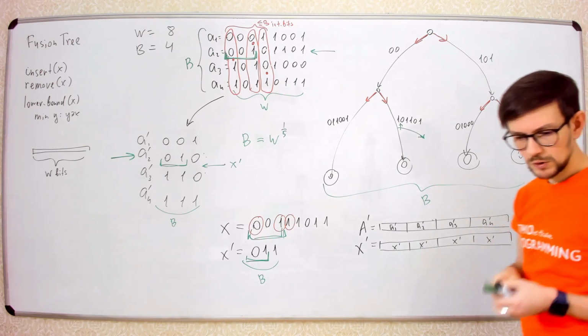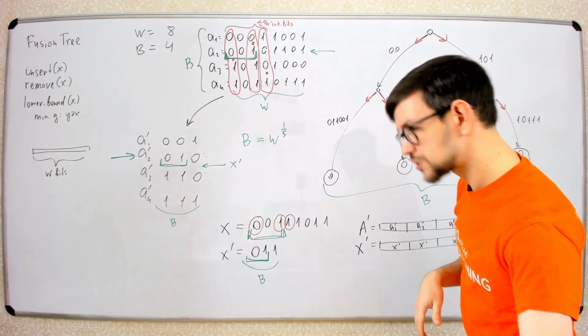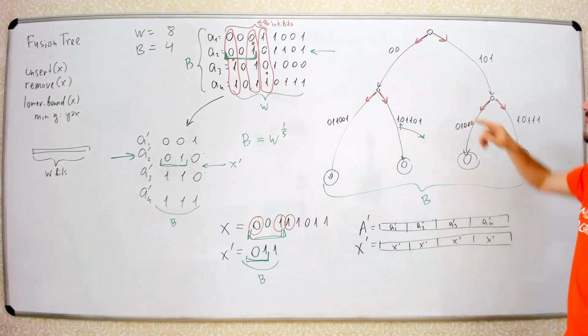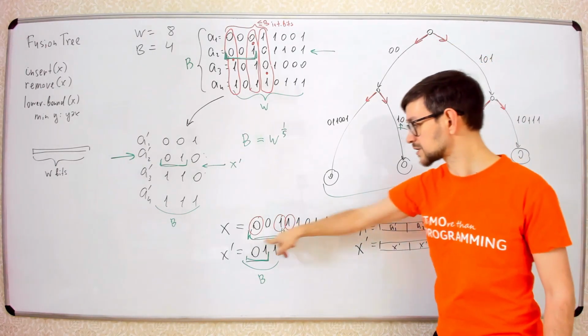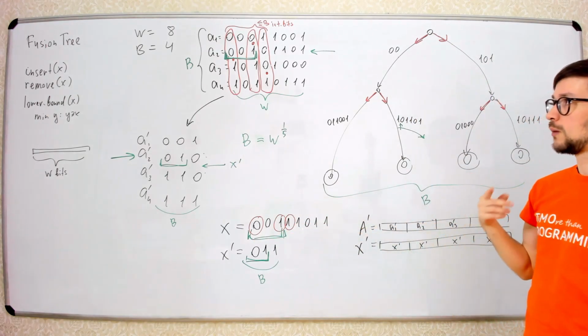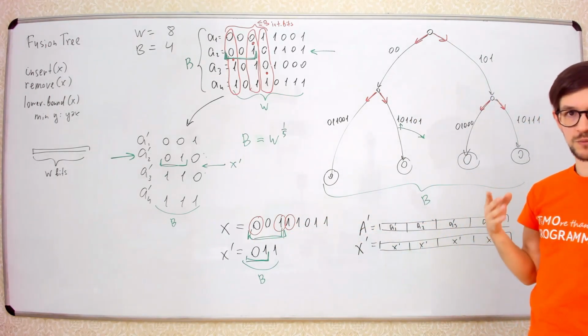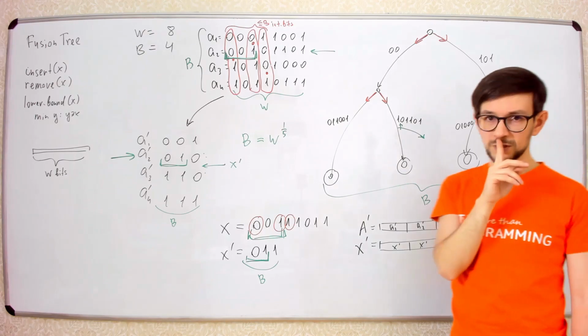Why is it correct? Because if you try to follow the path from X, from the root, using the bits of X, you will make all the same choices in all important bits.